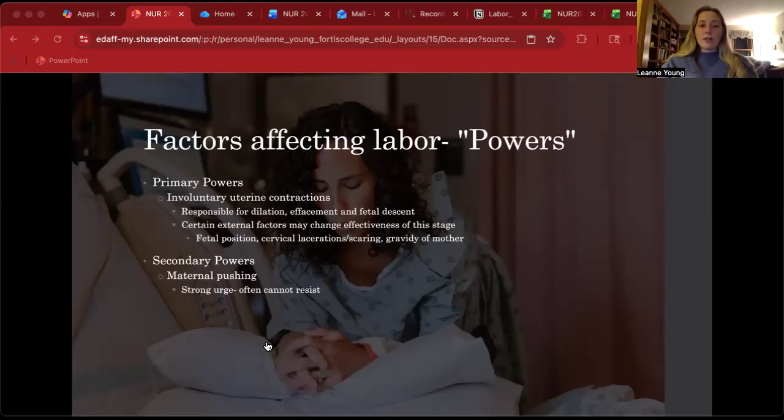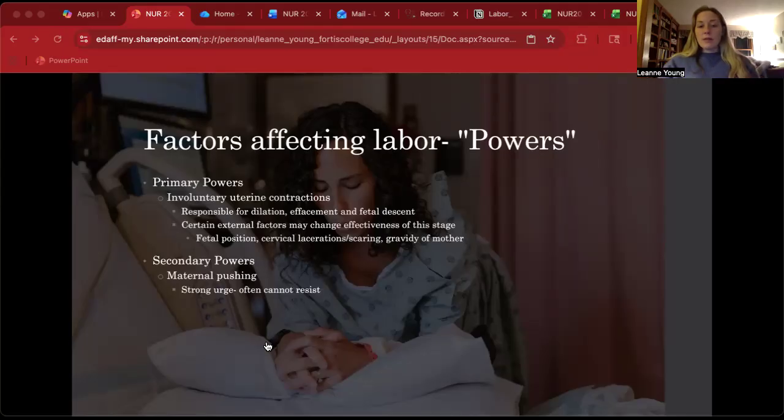Certain external factors may change the effectiveness of this stage. So, if baby is in a terrible position where that head is not pressing down very well on the cervix, or if it's a butt, and butts are much softer than heads. If a butt's pressing down on the cervix, it's not going to be as effective as if a hard head is pushing down on the cervix.